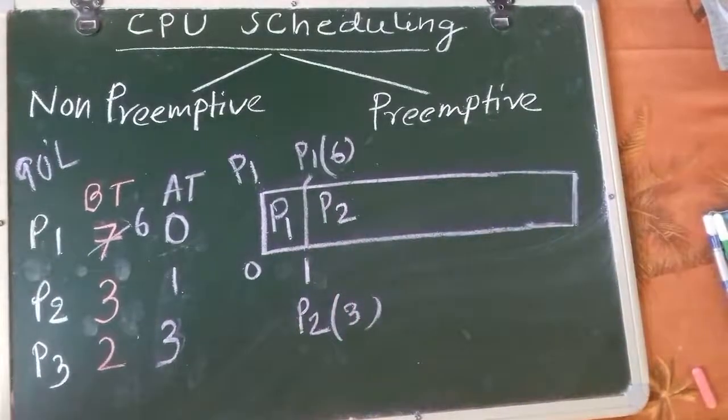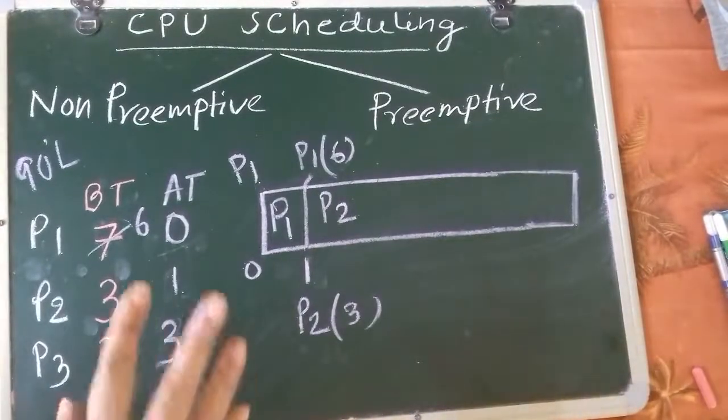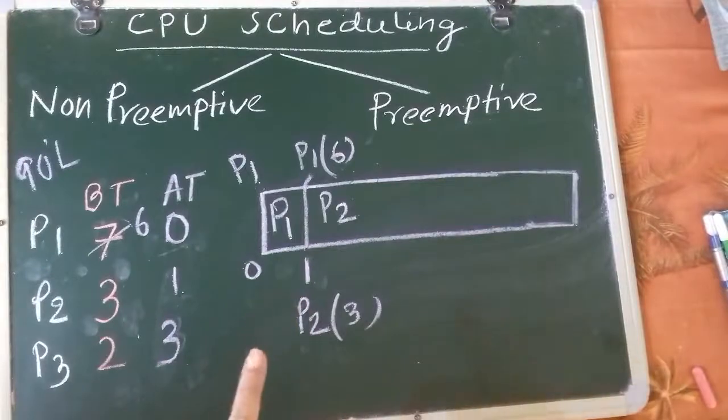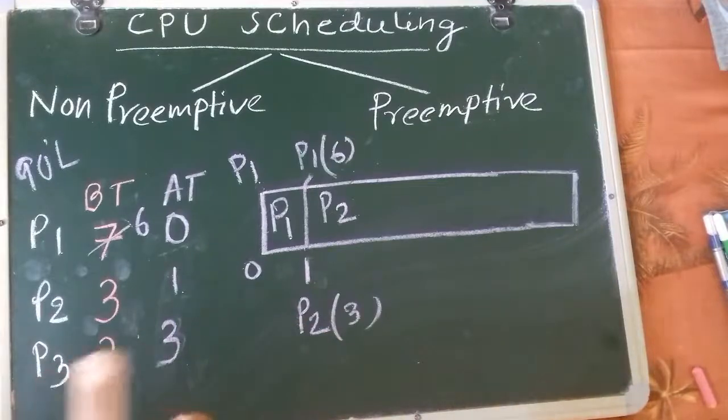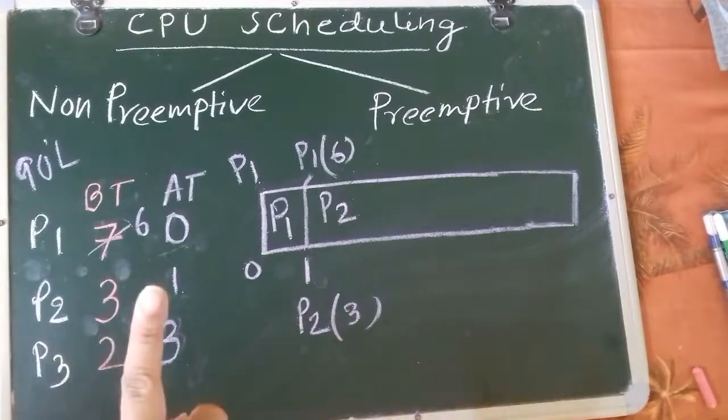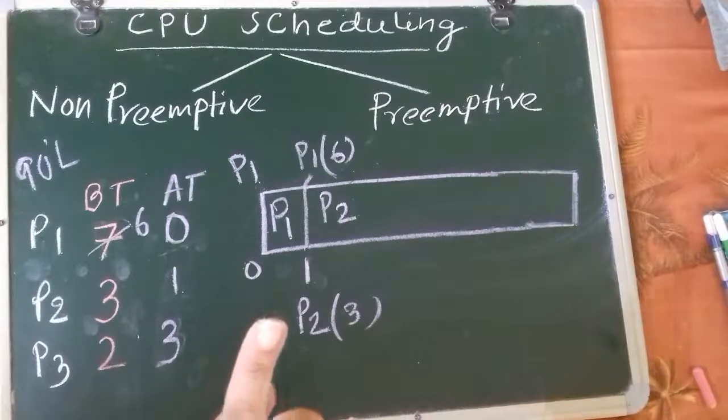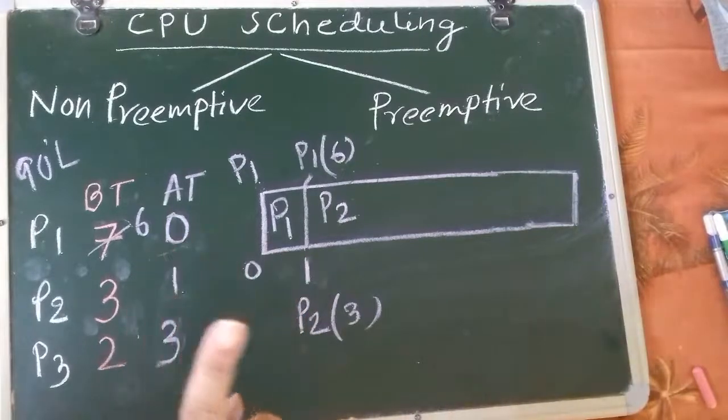So the main aim is to tell that the CPU can be preempted. The CPU can be taken away from the process and given to another process. That is called preemption, or a preemptive algorithm. One more line I should add. Please remember that non-preemptive means the CPU cannot be taken.